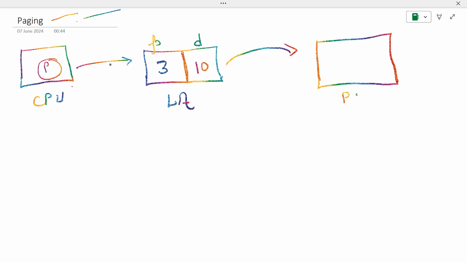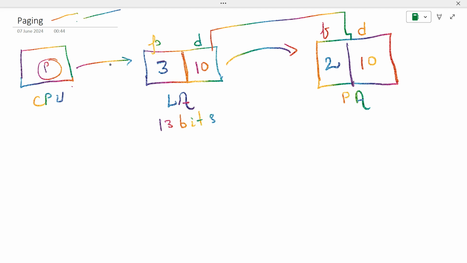So this has to be mapped to a physical address, which consists of a frame number and a frame offset, and this frame offset is equal to the frame size. Let's say this is 10 bits, so this needs to be the same, and the frame number will be 2 bits. So this 13-bit logical address has to be mapped to this 12-bit physical address.